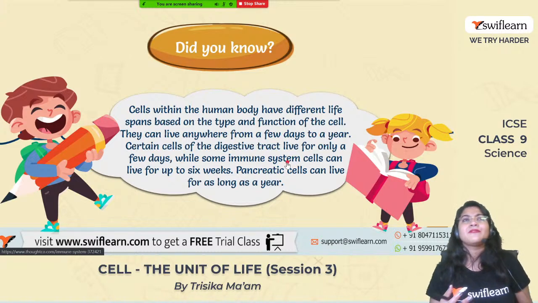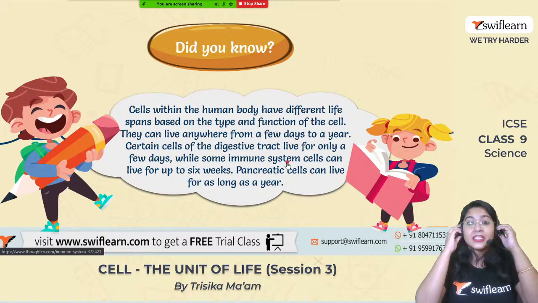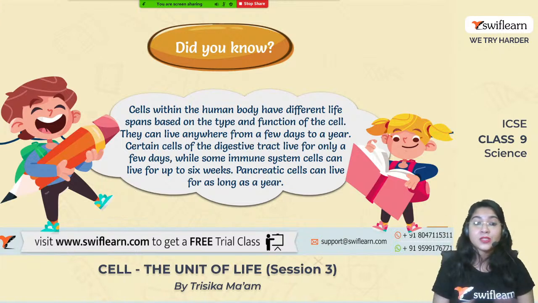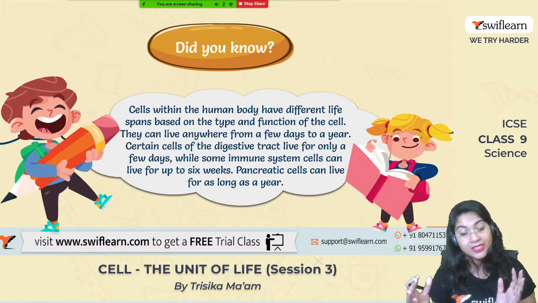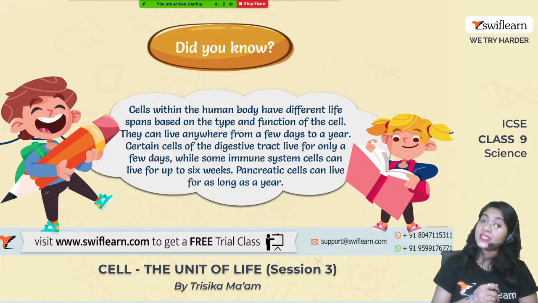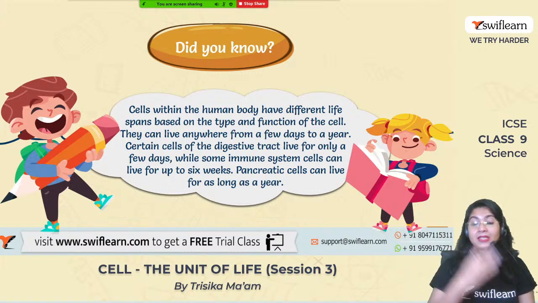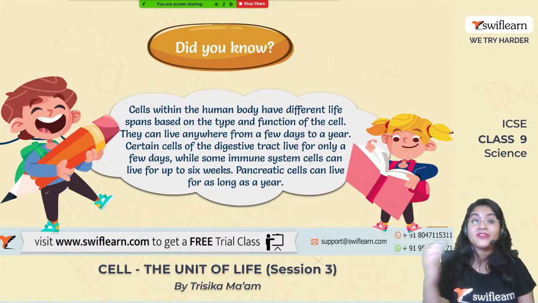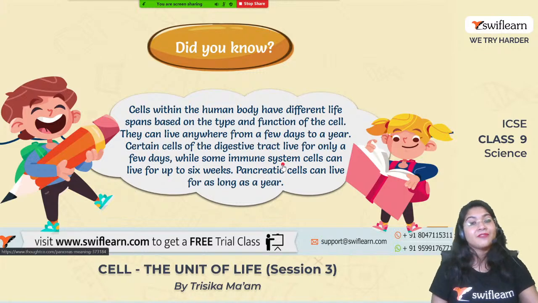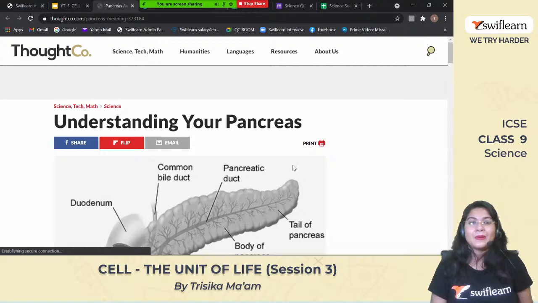There are some different cells which are WBC, like the immune system cells, like the lymphocytes. They can live up to 6 weeks, as well as the pancreatic cell, if I say, they can live for a long year also. Okay, so it depends upon the different types of lifespans. So it varies from one type of cell to another.